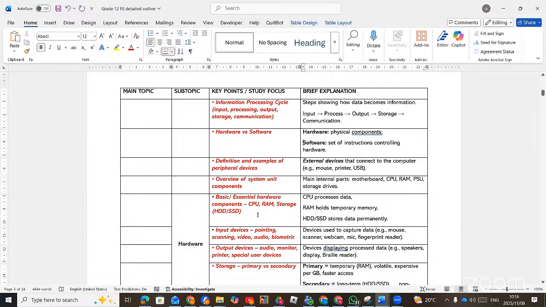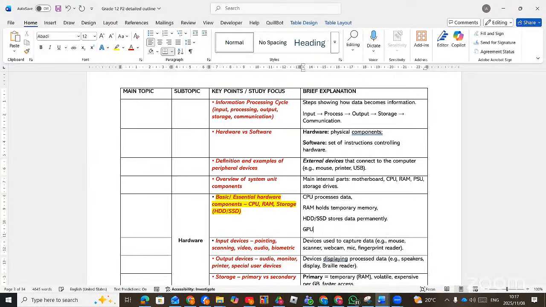Then we come to the basic or the essential component of the computer. In most cases, when they ask learners about this question, they tend to talk about mouse, keyboard. No. When they talk about basic component, that is the part of the computer which is more important, or the essential component of the computer. Those are the CPU, the RAM, the storage, and sometimes they even talk about GPU.